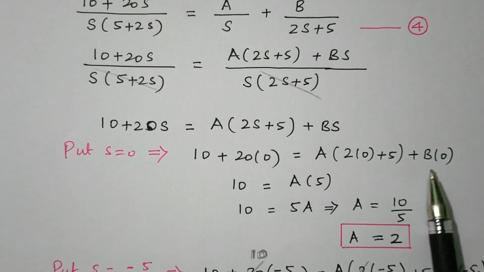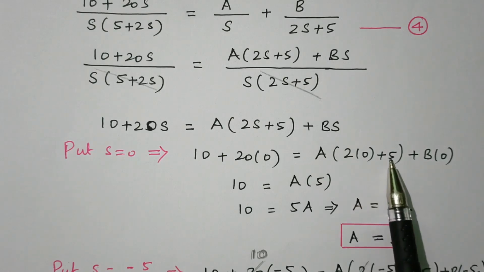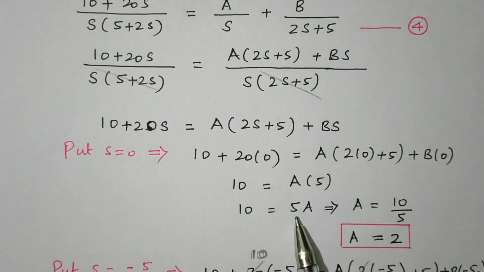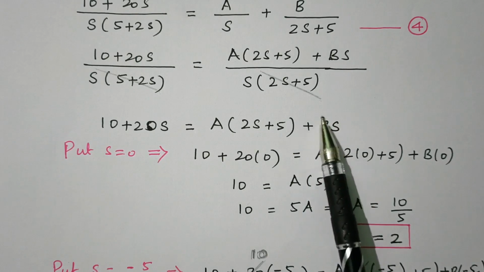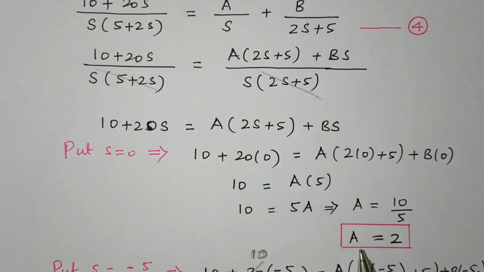This term also 0, this term also 0, only 5 is available. A into 5 means 5A. 10 equal to 5A, so A equal to 10 by 5, A equal to 2. By substituting s equal to 0, this term becomes 0, so we easily calculate the value of A equal to 2.